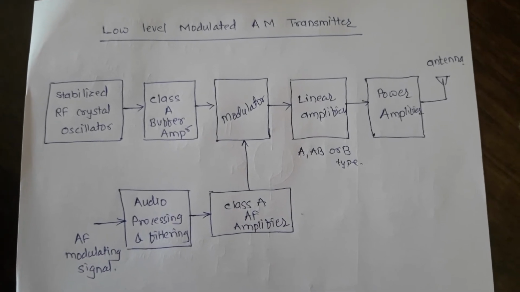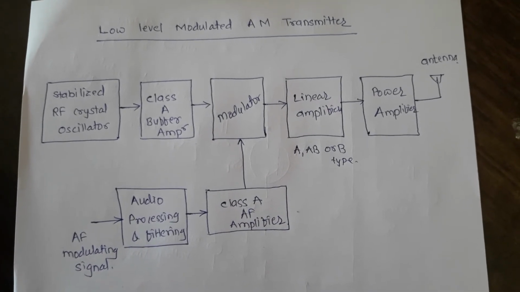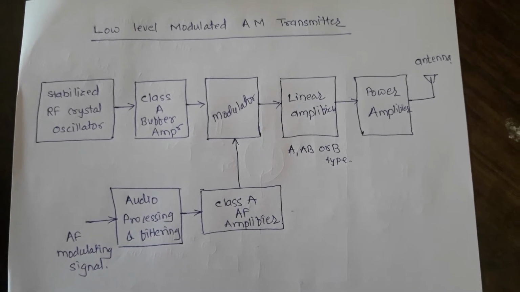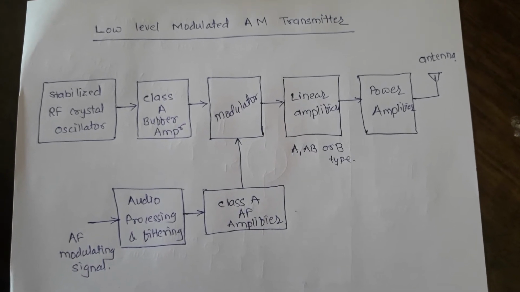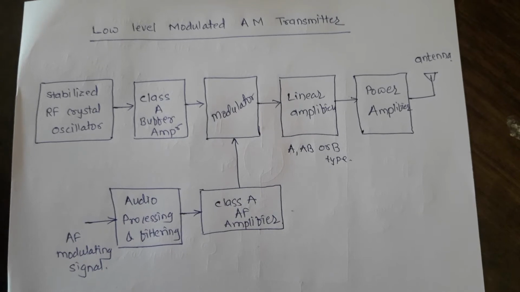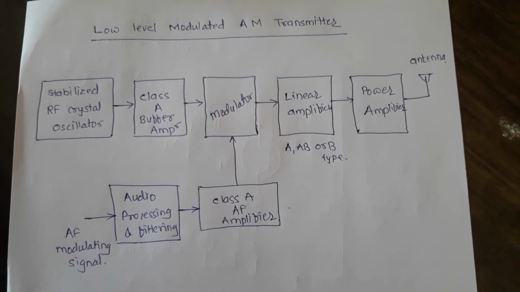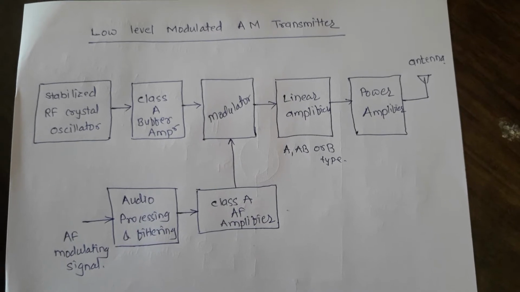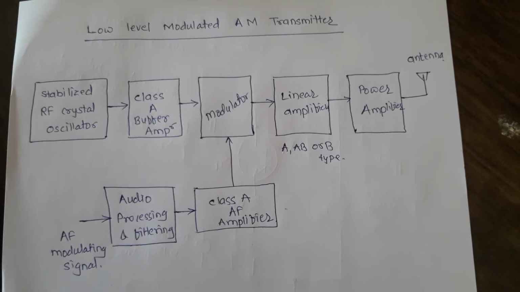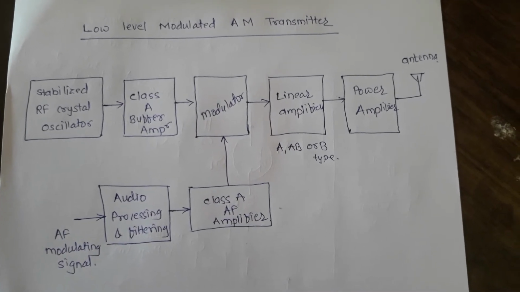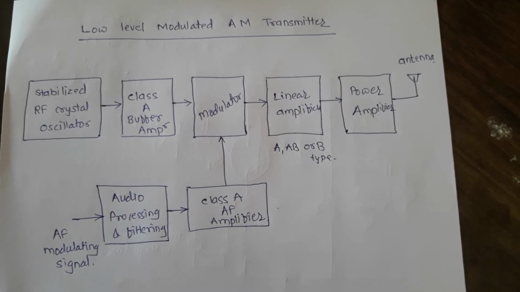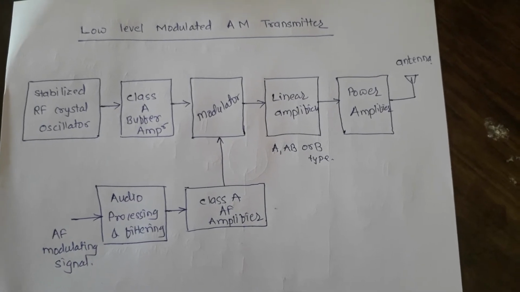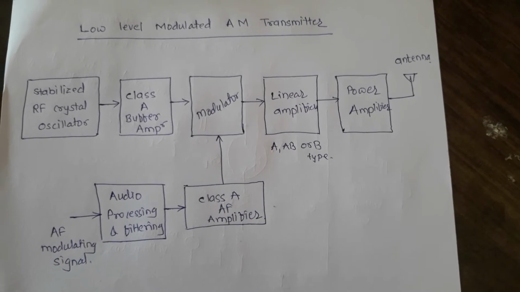In low level modulation, the modulation of the modulating signal itself takes place at low voltage levels. The voltage of the modulating signal as well as the carrier signal is low level voltage, and at that low level voltage we are modulating the signal.